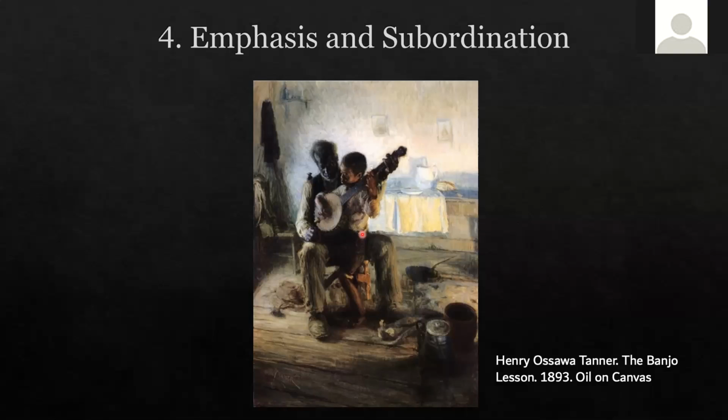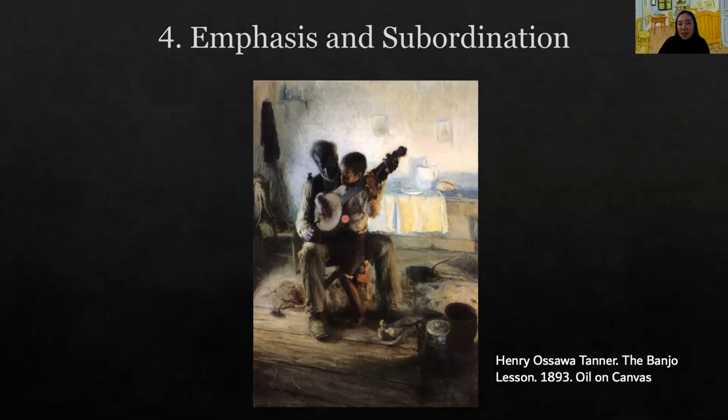The guitar or the instrument he has. Yeah, the instrument. And who's holding the instrument? The boy. Little boy. Yeah, the little boy. So the little boy has a little light on it, right? With the instrument. So he is the focal point between these two figures.